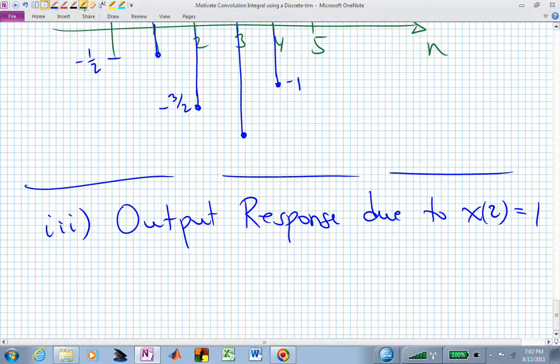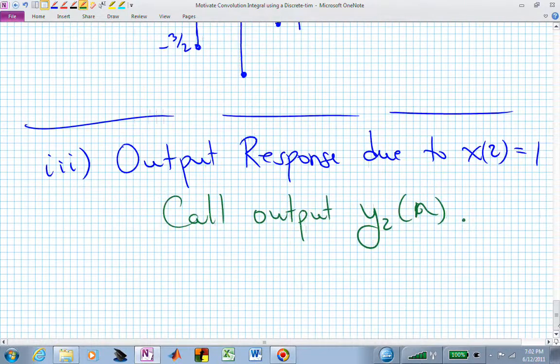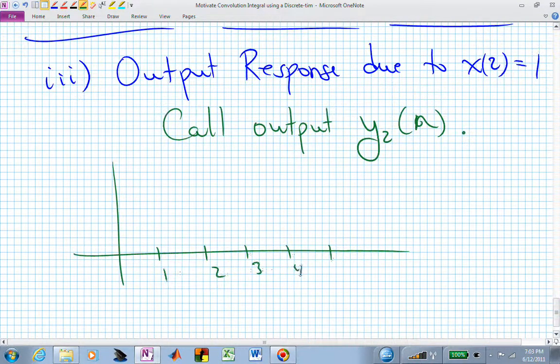And I do not think it's going to come as any surprise that we are going to call that component of the output y sub 2 of n. And that's the output component that results when we apply an input at time n equal 2 to the system. In this case, we now have 1, 2, 3, 4, 5. This is going to be y sub 2 of n.